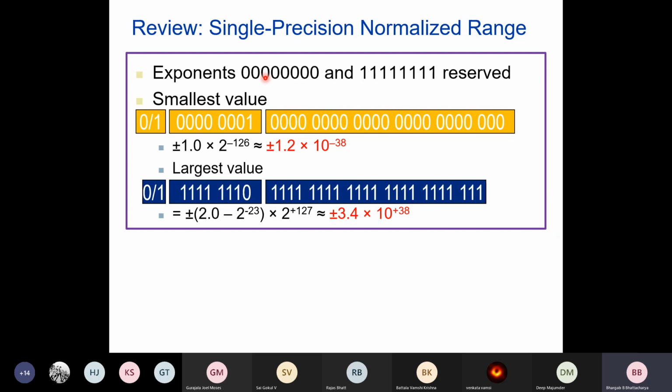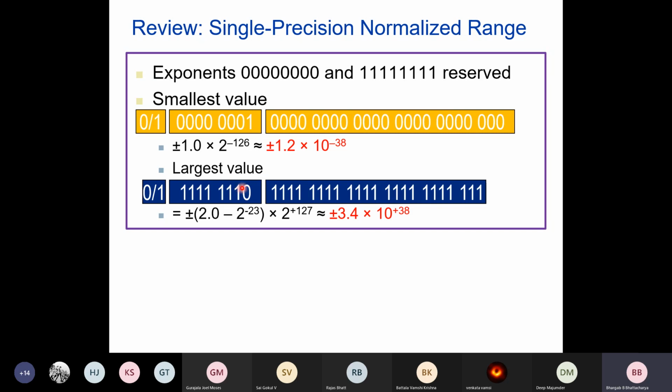Since these two exponents have special use, the smallest value uses the minimum exponent in the normalized range and the minimum mantissa, which is equivalently 1.0 multiplied by 2 to the power minus 126 because we have excess bias. So this is of the order of 10 to the power minus 38.